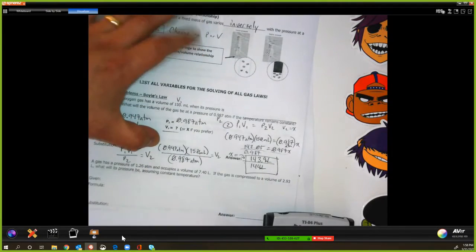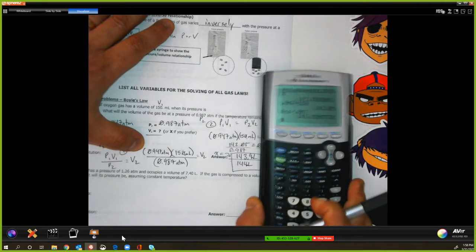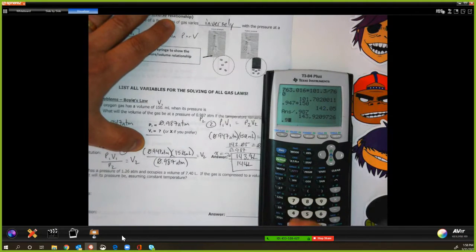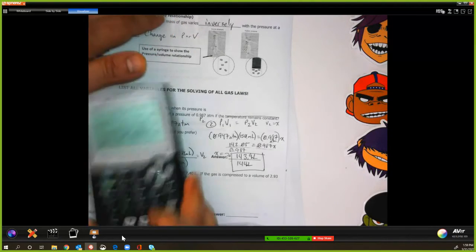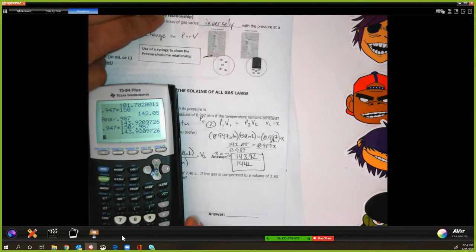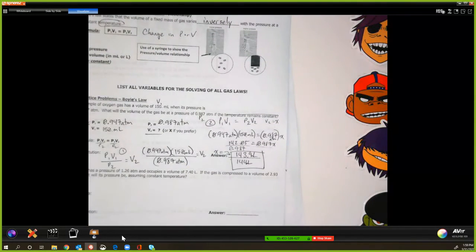And then you basically do the math here, which is 0.947 times 150 divided by 0.987. And you get the same answer. Okay, so either way you slice it, you're gonna come up with the same answer.